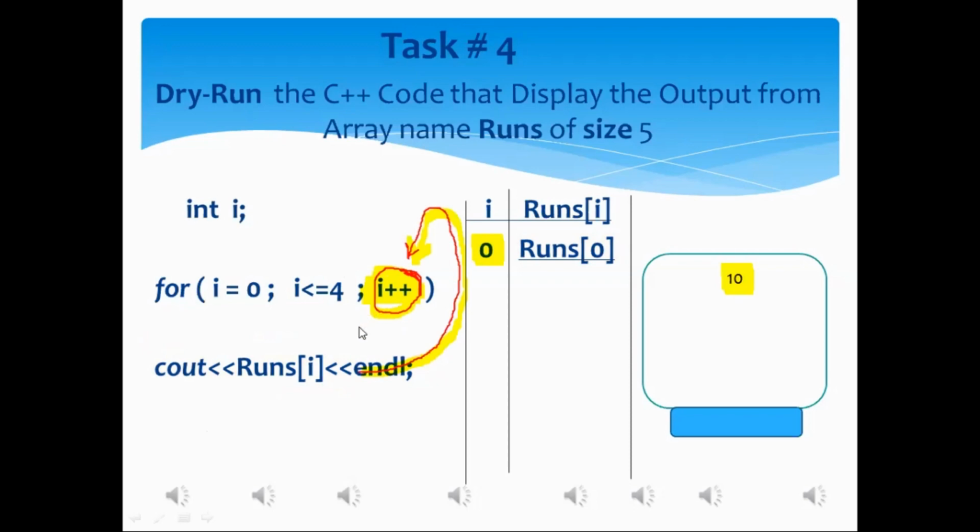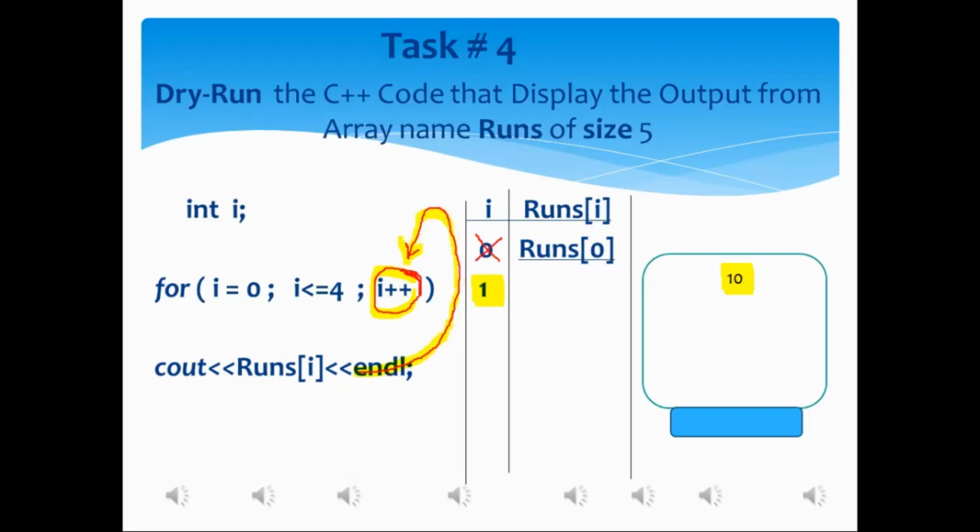If you increment, what is the current value of I? 0. If you add 1 to I, what will I's next value become? 1, sir. Okay, if your permission is there, do I write 1 in the column I? Yes, sir.